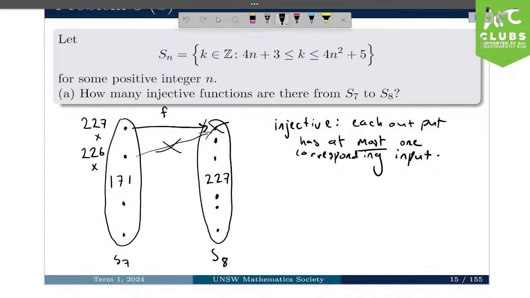And this goes on, the pattern continues. The third one would have 225 different choices for which particular output we pick. And this goes on until we've subtracted 170 times, right?